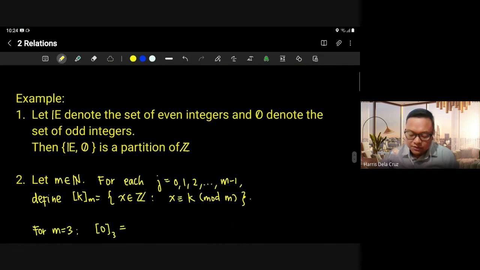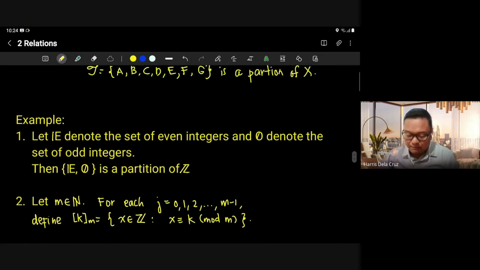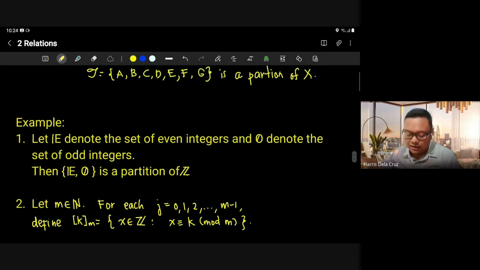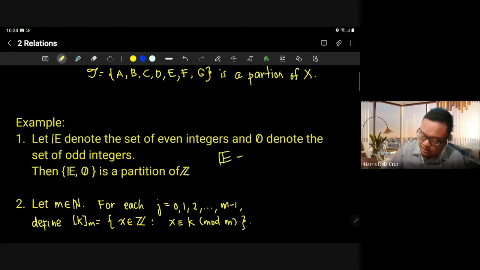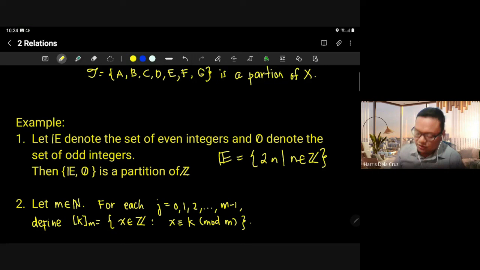Let's have some mathematical examples. Let E denote the set of even integers, and O denote the set of odd integers. So, E is simply the set of even integers, di ba? So, that's the elements 2n for all n in the set of integers.